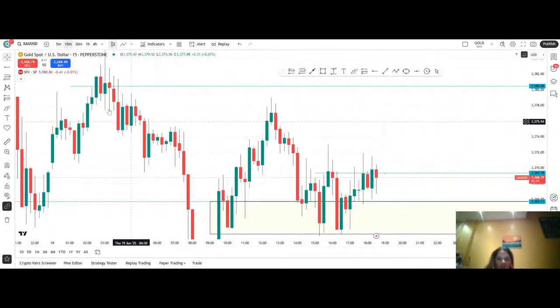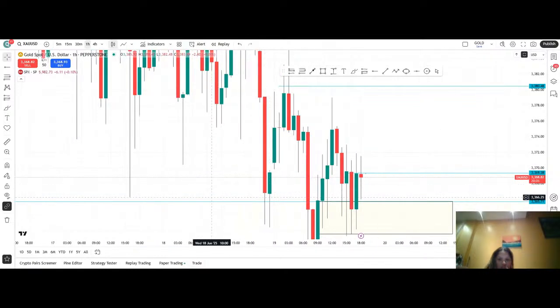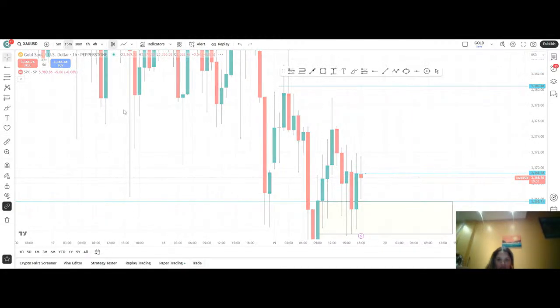I just wanted to see something, but I'm not happy with this break here yet. I need this candle to close bullish for us to enter. Okay, if it can break past 3369, then that definitely would be my entry.